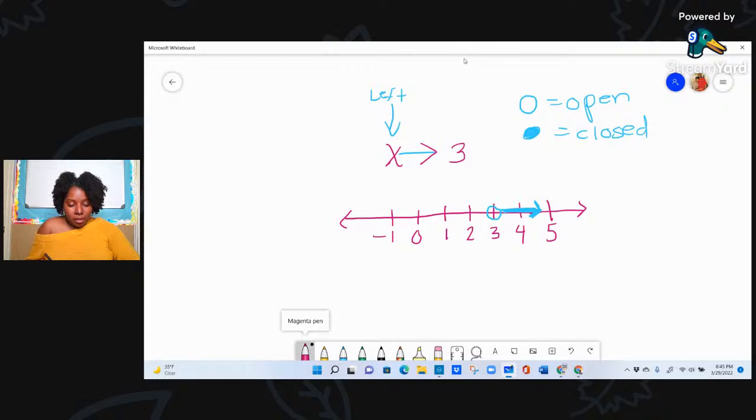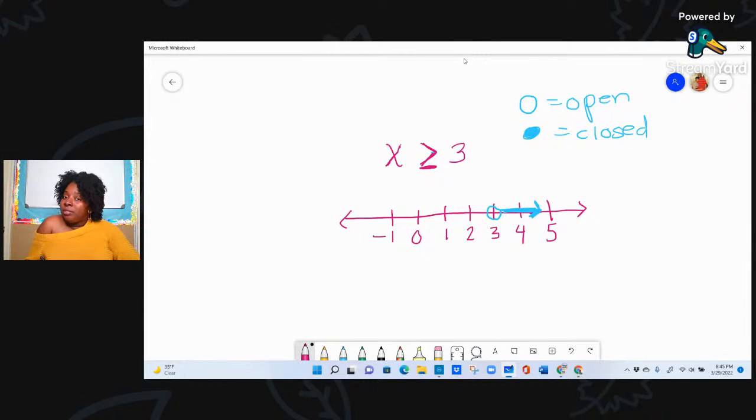Now, tell me what would happen if I put an equal to sign underneath. How would this graph change if x could be greater than or equal to 3? Well, we know it's not less than 3.